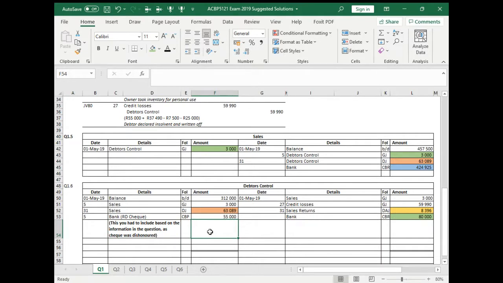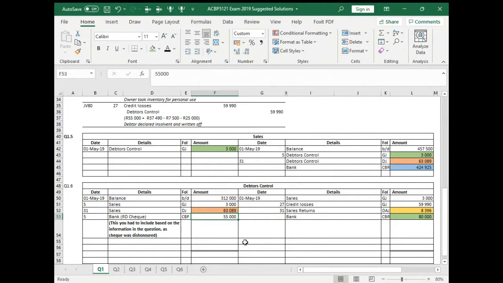Okay, but we haven't physically done the cash book payment amount. But if you now have to go balance that account, if you don't include this, your balance will be incorrect. Okay, so this is where the 55,000 now gets captured. That was in the question, but we didn't do the physical journal for it.